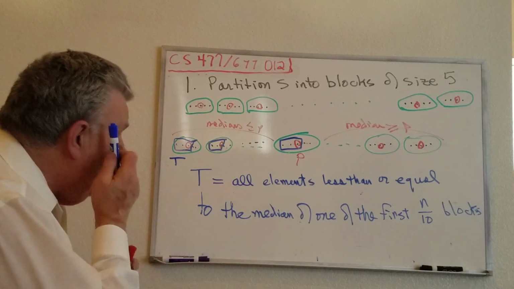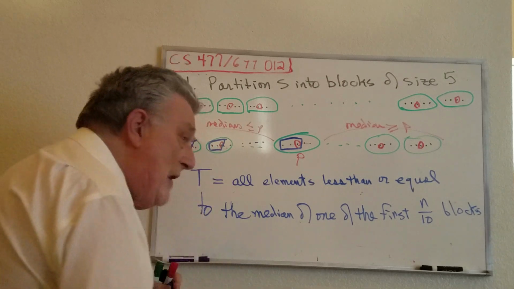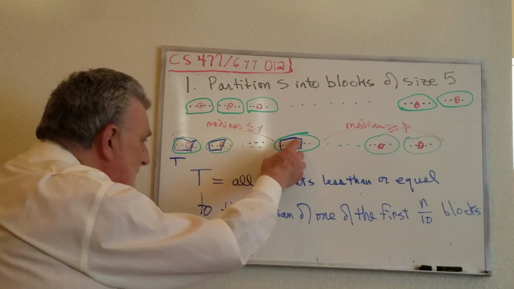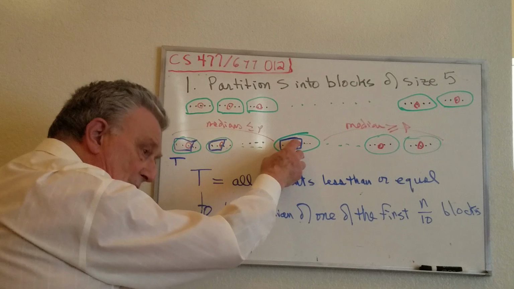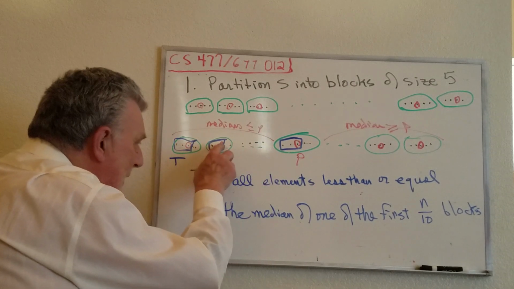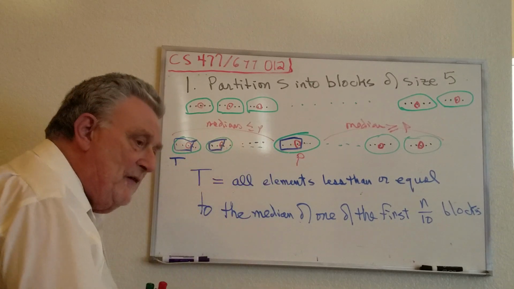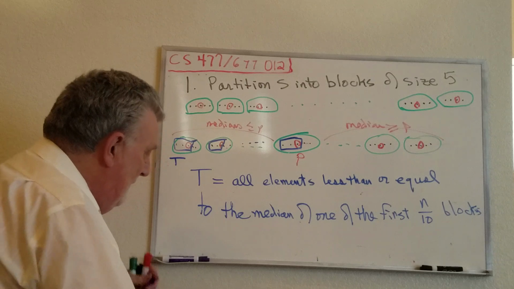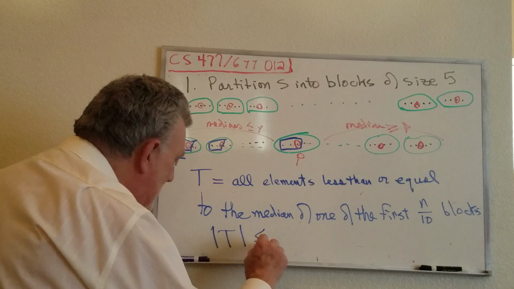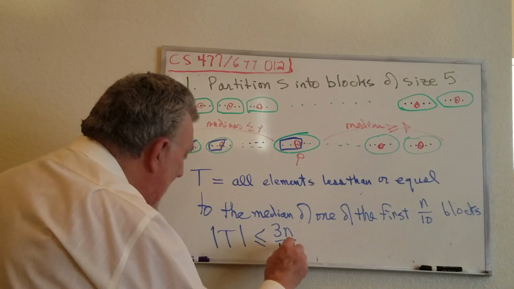Now, I want to tell you that all of these block elements are less than or equal to P, because the largest one in here is P itself. All the rest are, every one of these medians is smaller than or equal to P, and every one of the things to the left of one of the medians is less than or equal to that. So therefore, I conclude that the size of T is less than or equal to 3n over 10.